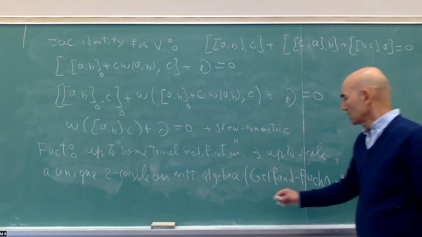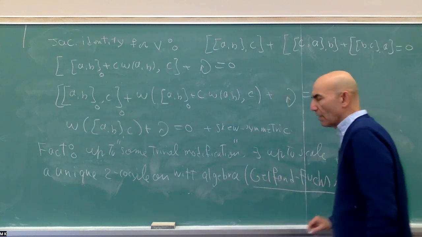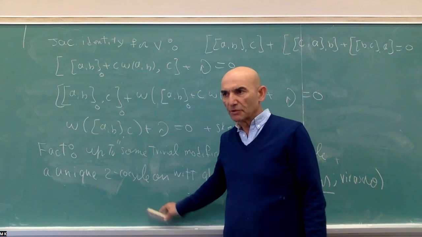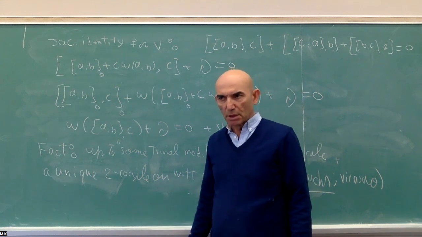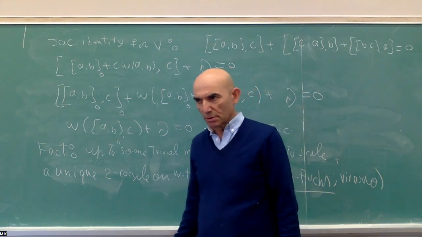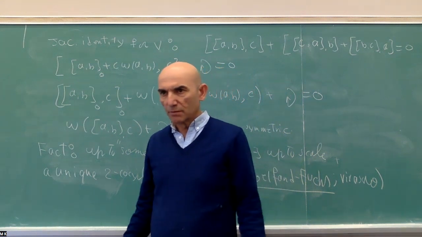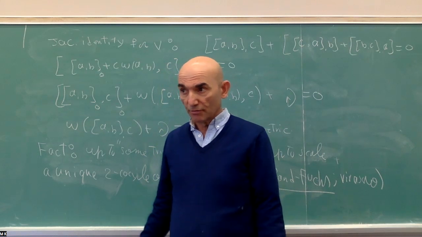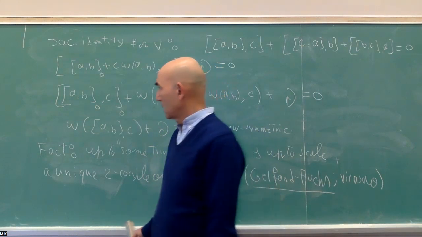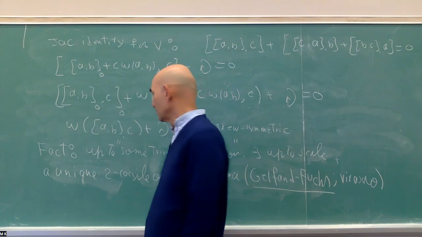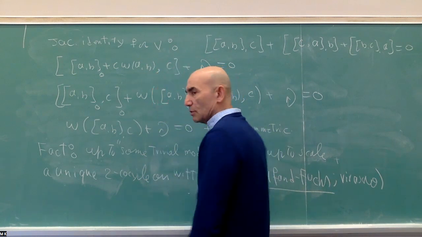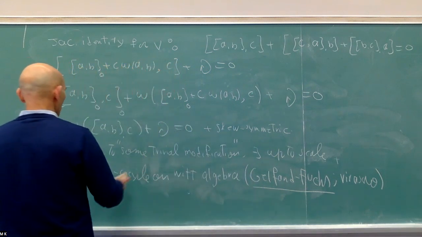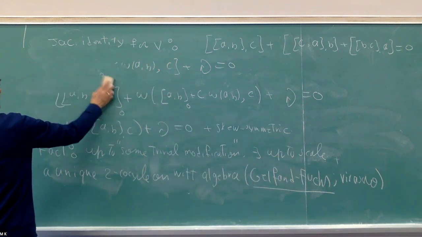Gelfand and Fuchs found this in their work on cohomology of vector fields and infinite dimensional Lie algebras. They had a celebrated work. They also constructed characteristic classes using cohomology of vector fields on manifolds and formal vector fields. So let me tell you what this cocycle is and how they wrote it.